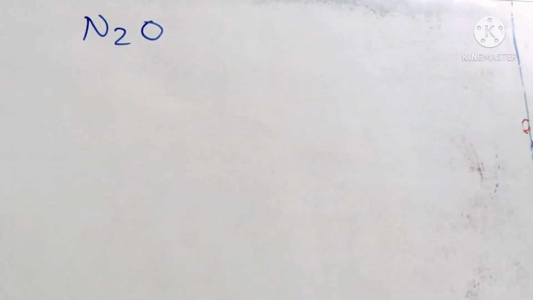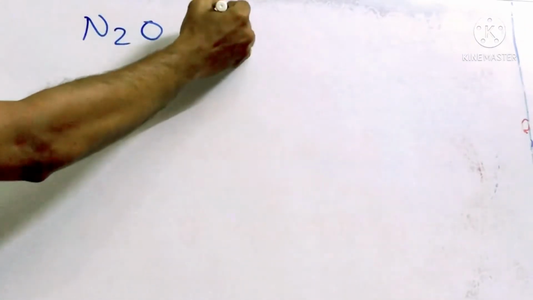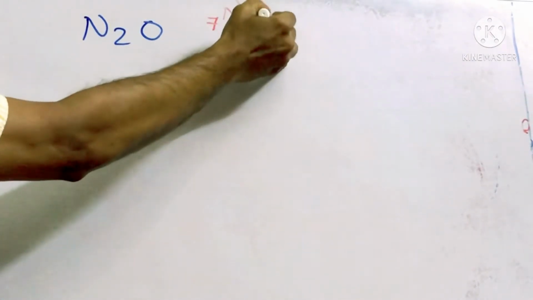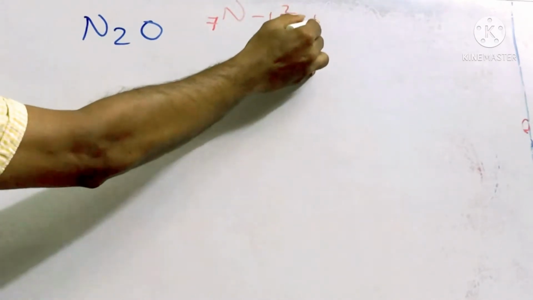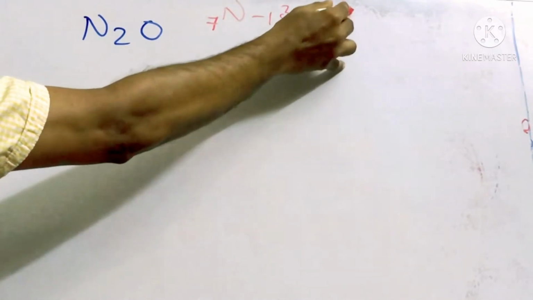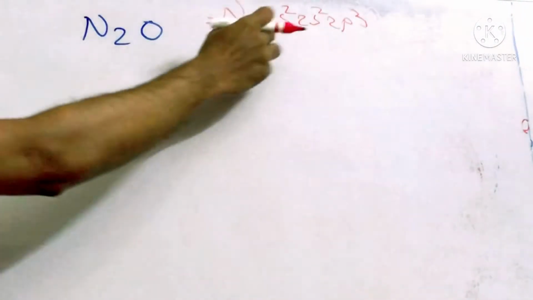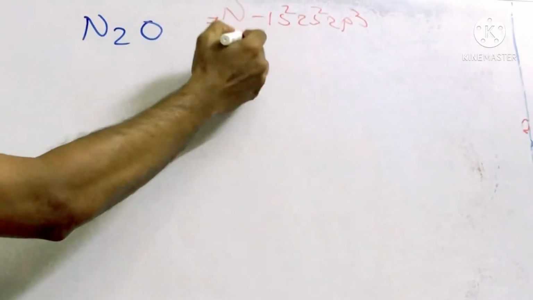First you calculate the number of valence electrons available in this compound. Nitrogen, atomic number is 7, and it has configuration 1s2, 2s2, 2p3. Total 7.